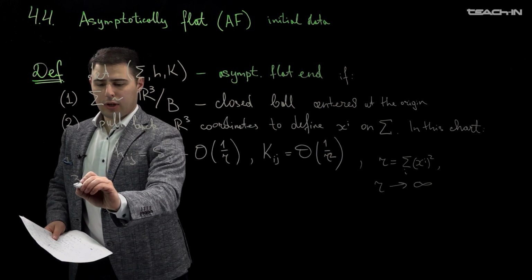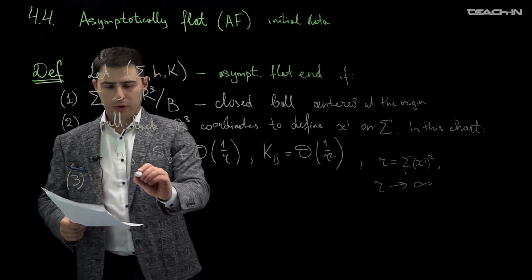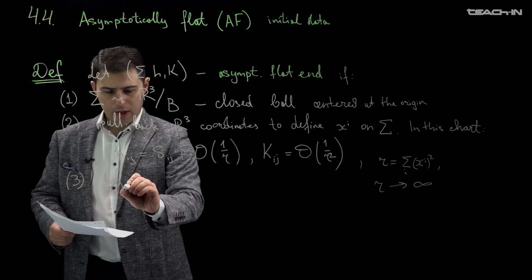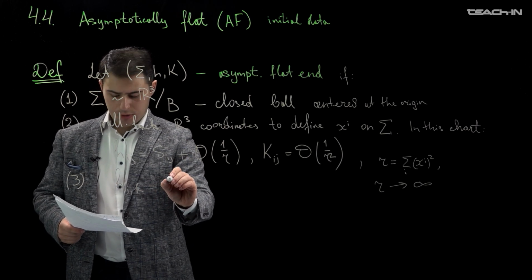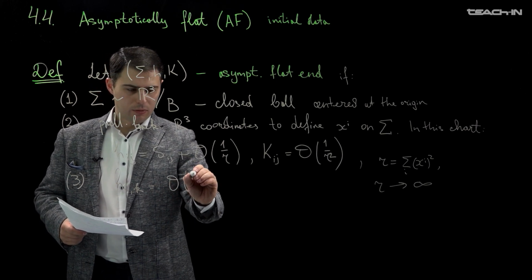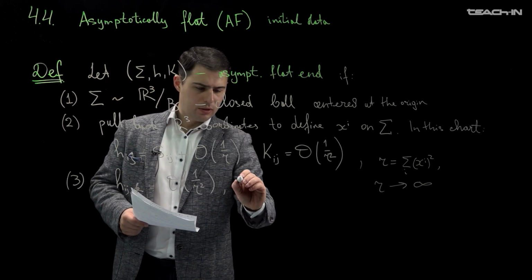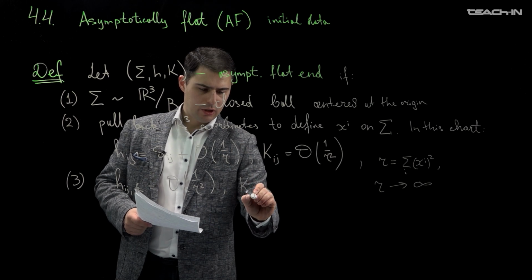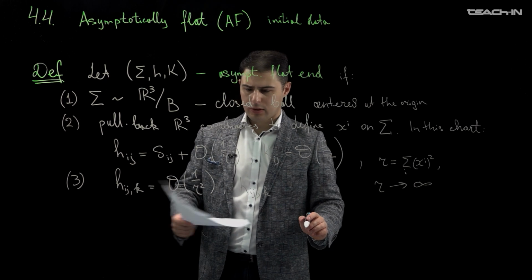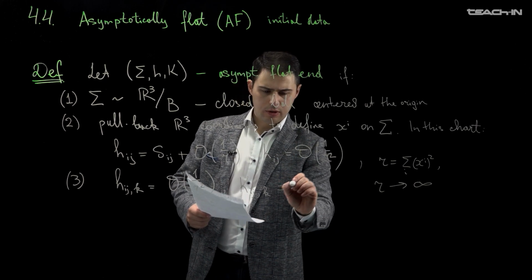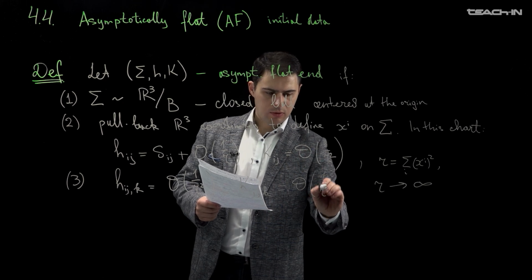The third condition is to constrain the derivatives. So we have h_ij,k equals O of 1 over r squared, and K_ij,k, where the comma stands for partial derivatives, is O of 1 over r cubed.